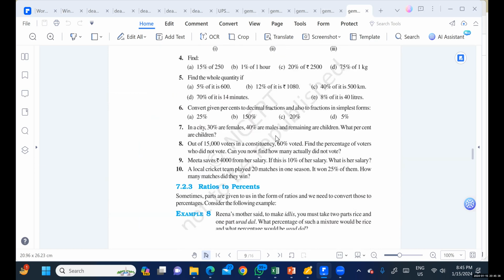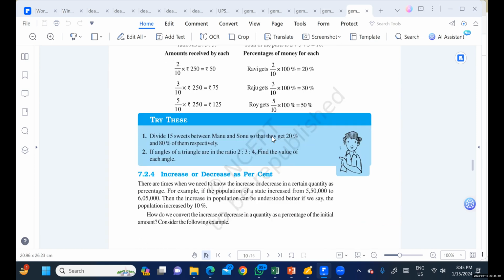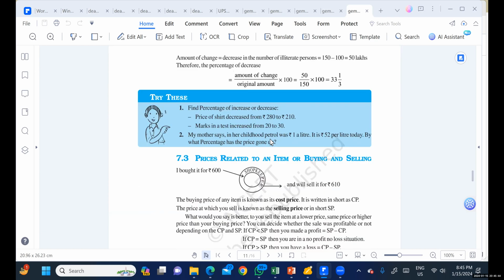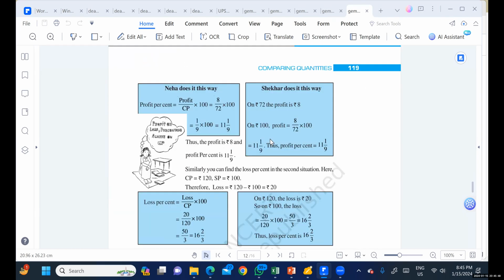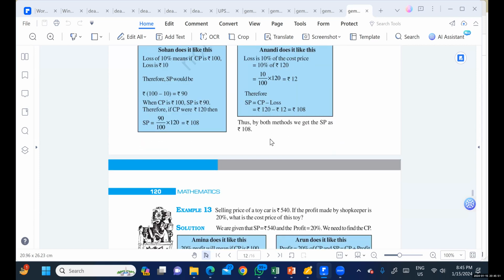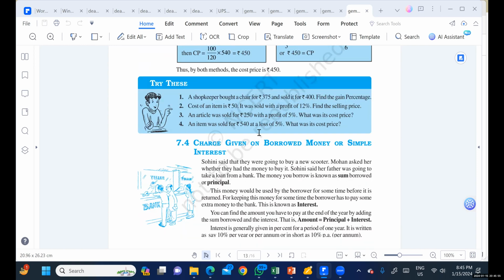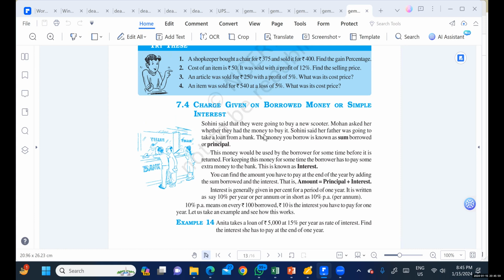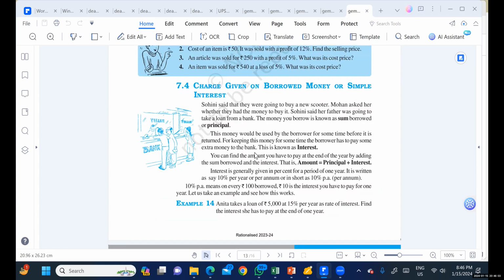Increase or decrease as percentage. Price of item, buying and selling, that is profit and loss. Profit and loss is very interesting. This is charge given on borrowed money, or simple interest.